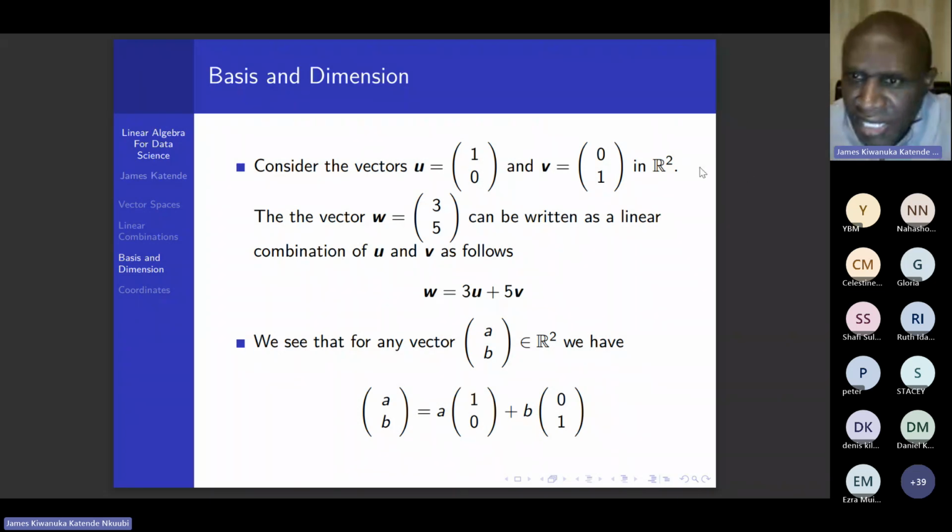The only thing that has changed is now we are talking of R2 instead of the Cartesian plane, drawing the vectors in the Cartesian plane. So think of these as just the points in the Cartesian plane, 1, 0 and 0, 1. This one cannot be simplified beyond this.